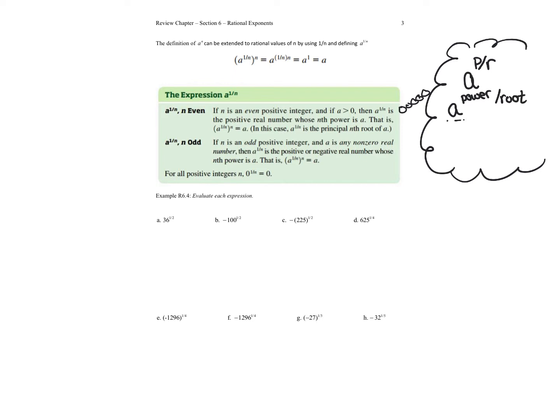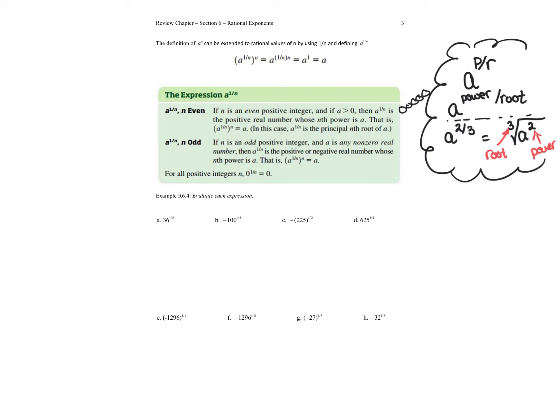So if I have a to the 2/3 power, that means the power on a is 2, it's a squared, but I'm going to take the third or the cubed root, where this is my power, and this out here is my root.